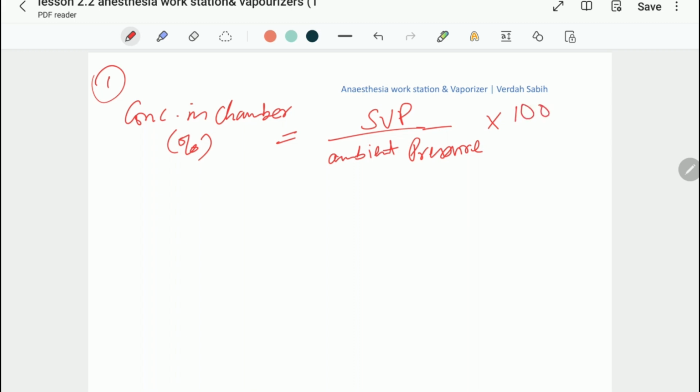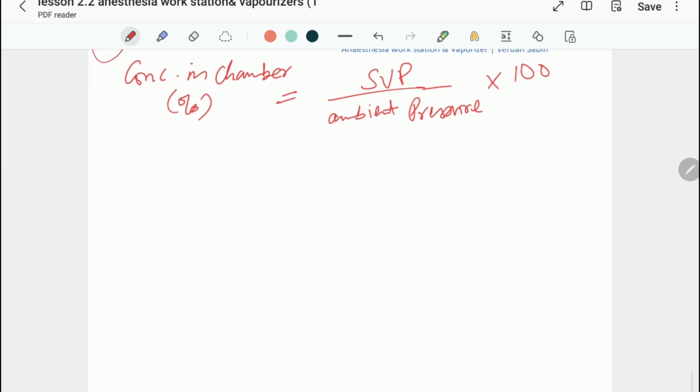For example, let's take isoflurane at 20 degrees centigrade. The saturated vapor pressure of isoflurane at 20 degree centigrade is about 238 millimeter of mercury.